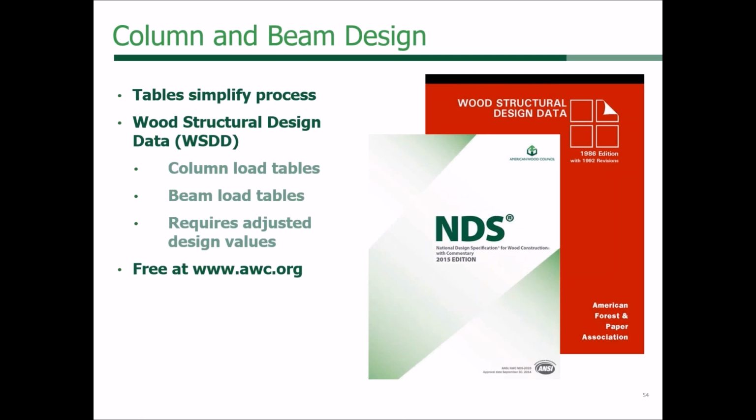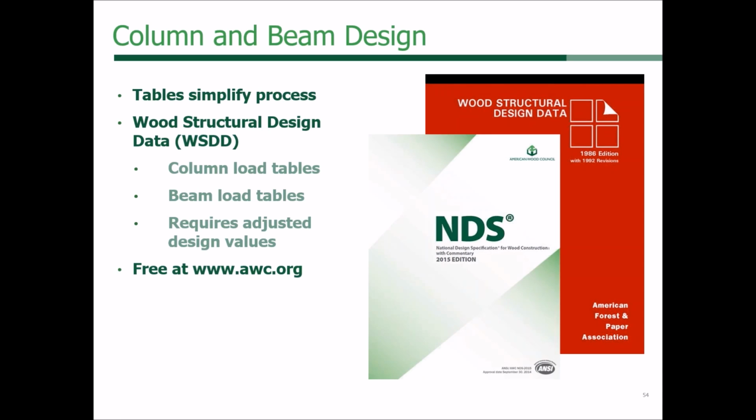Another document that you can use for column and beam design is the Wood Structural Design Data. It's kind of a unique document in that you'll notice it hasn't changed since the 1986 edition with 1992 revisions. The reason it doesn't really change is because all it's saying is, okay, you have a load of this on this beam and it's this long, then you need this strength of wood in order to work.